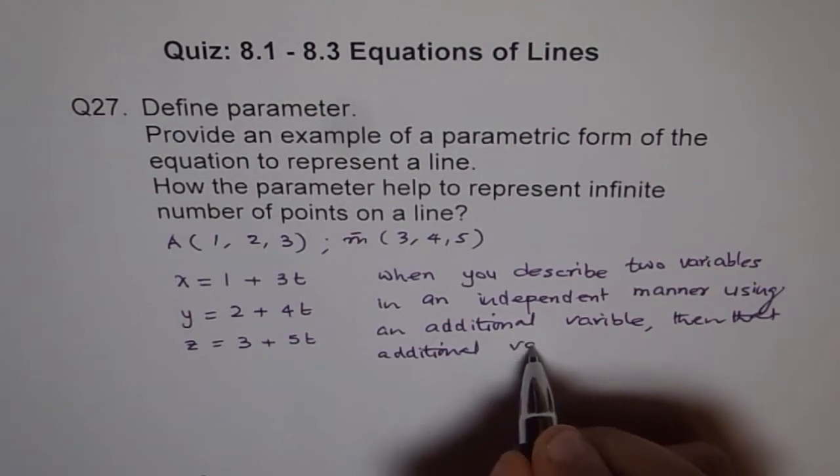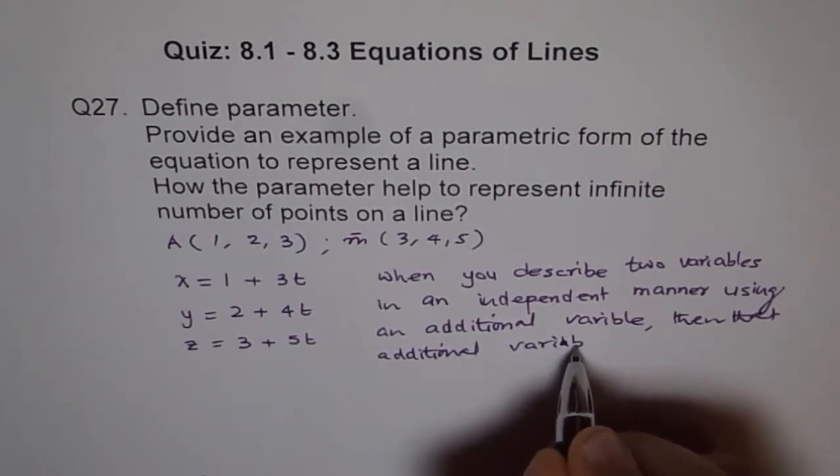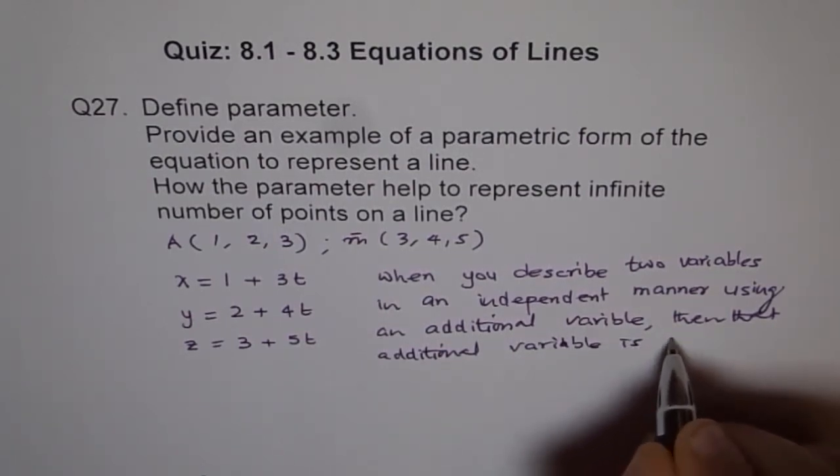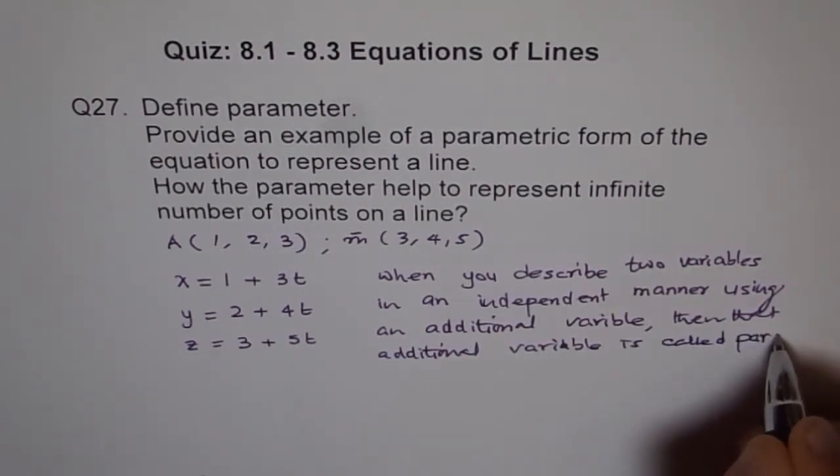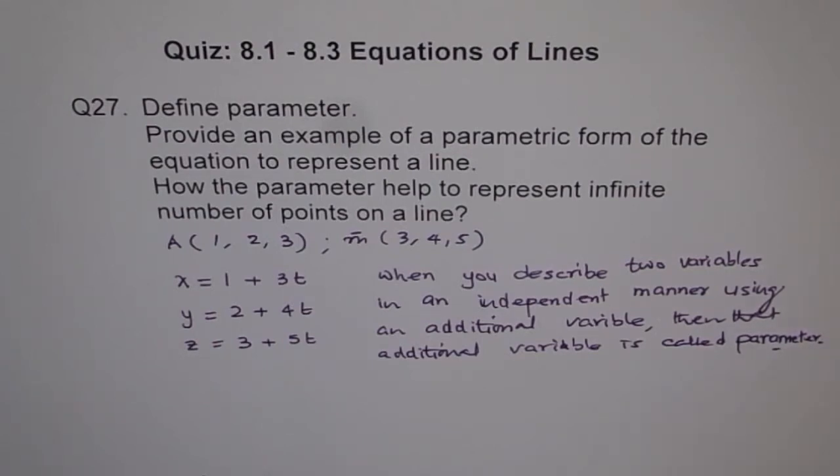Additional variable is called parameter. Okay, I hope you understand. Here the t is my parameter, right? So that is how we should see what parameters are.